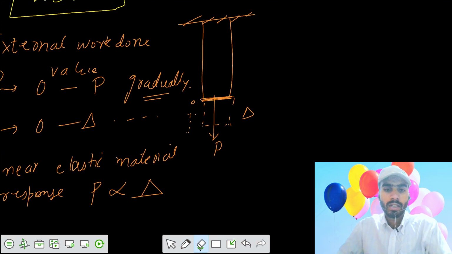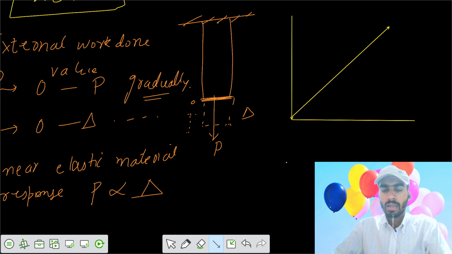If we plot a graph, this is your deformation, with delta as the maximum value, and here is the maximum P value. There is a linear relation between the two. At any x from 0 to delta, there is some load required, that's Px.